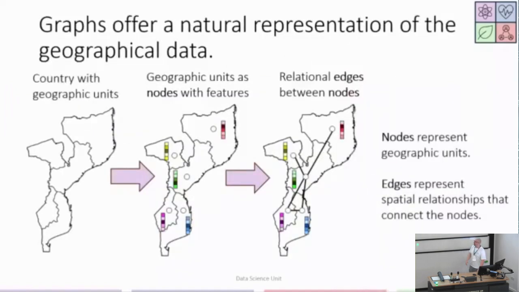So you take a country, so Mozambique, and any country can be split into geographic units, and they can go finer and finer. You can treat those units as what we call nodes, right? So nodes in a graph. And all of those nodes will have features. And then you can have these things called relational edges, and they connect the nodes in different ways. Now, that's the beauty of it. You can define how they're connected.